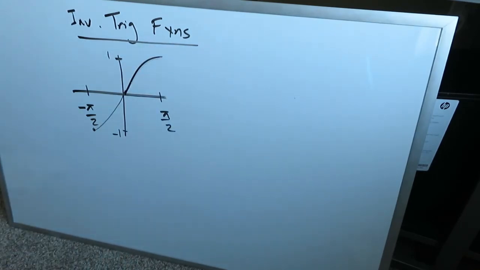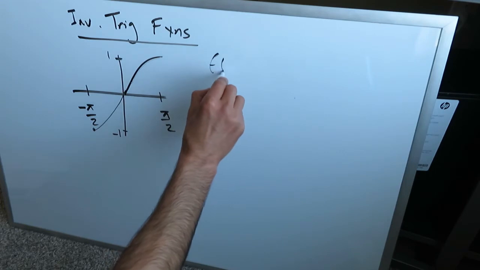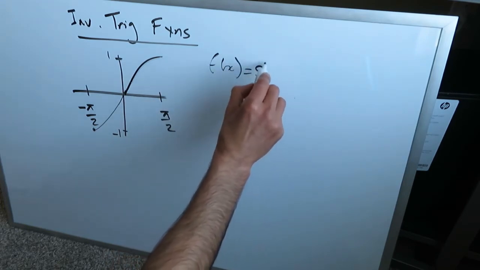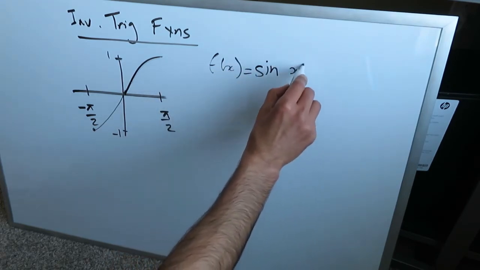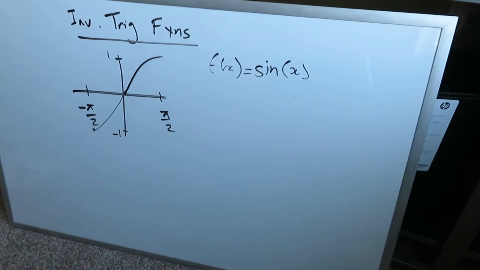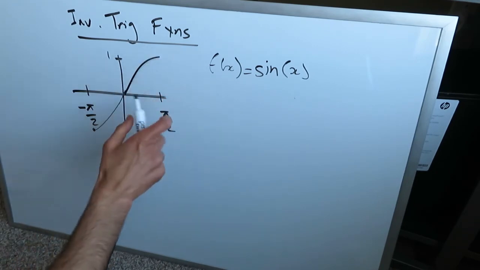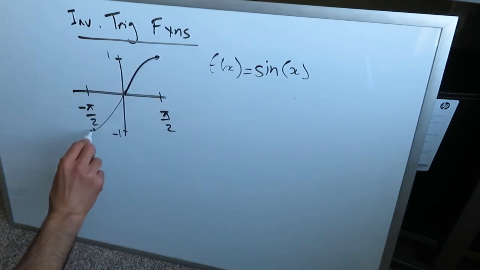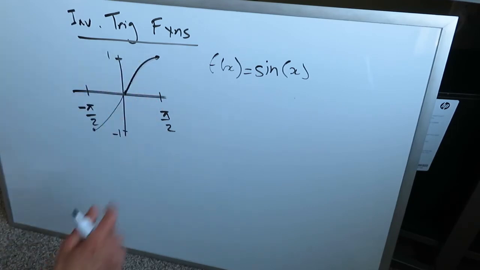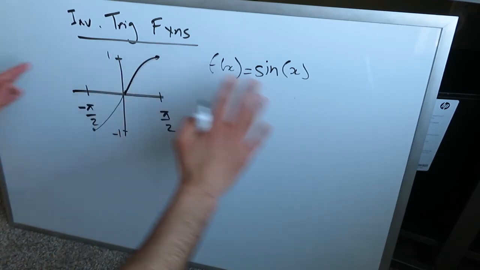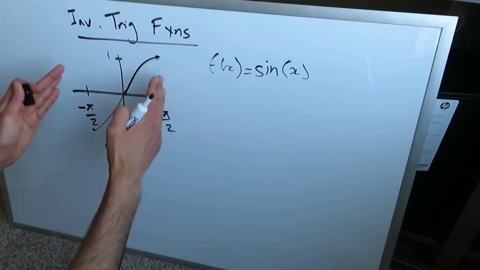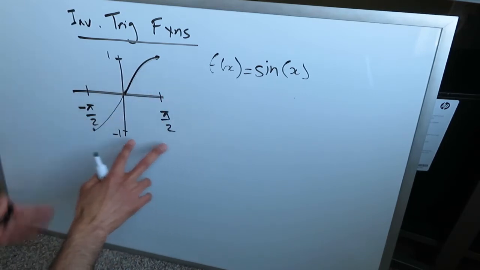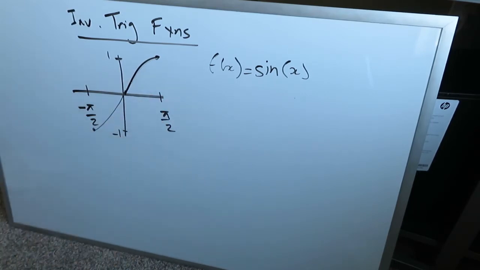We're talking about f of x is equal to sine x. I'm going to show you that this thing has an inverse. If we restrict the domain over here from minus pi over 2 to pi over 2 and we create a table of values, you see the whole sine wave has been constricted to the domain of just 180 degrees, from minus 90 to positive 90. And I'll show you this will be 1-to-1.